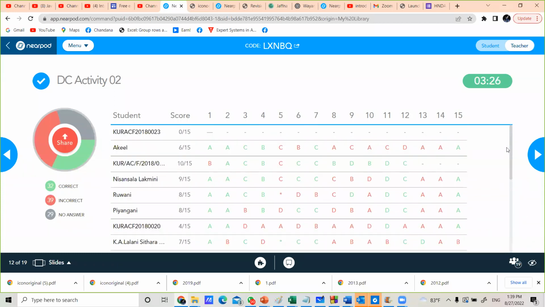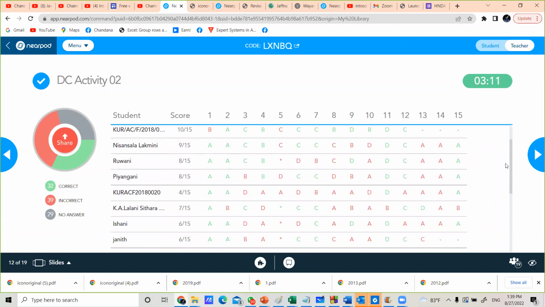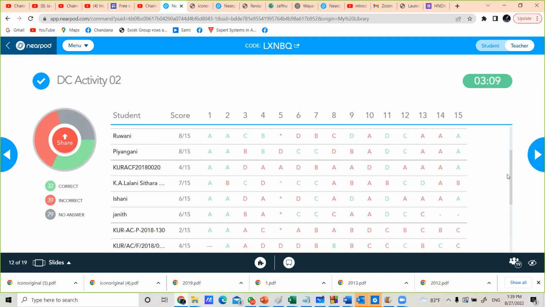Yes, 9 out of 15. One student has 10 marks. Most of you have 9 marks, and some have 8.